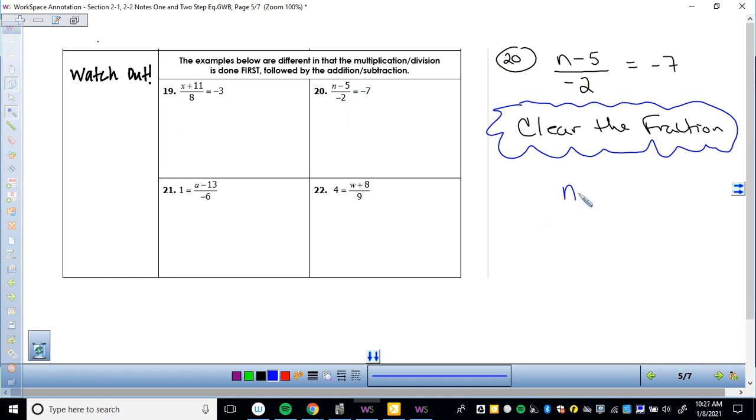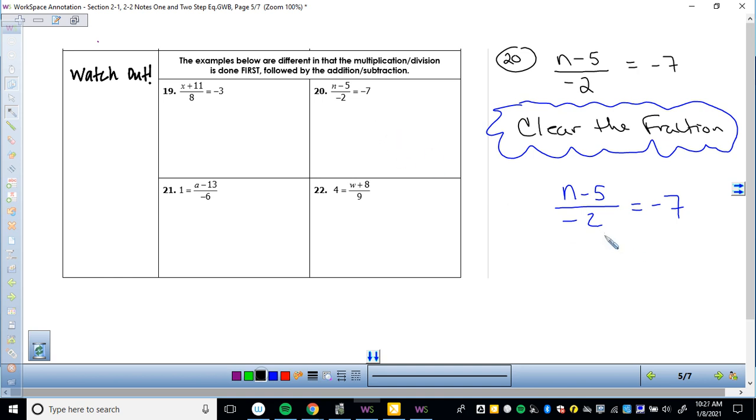We have n minus 5 over negative 2 equals negative 7. When it's a big fraction like this, clear the fraction. So Remy, what would I multiply by to clear the fraction? Multiply by 8. By what? Oh, sorry, we're doing number 20.